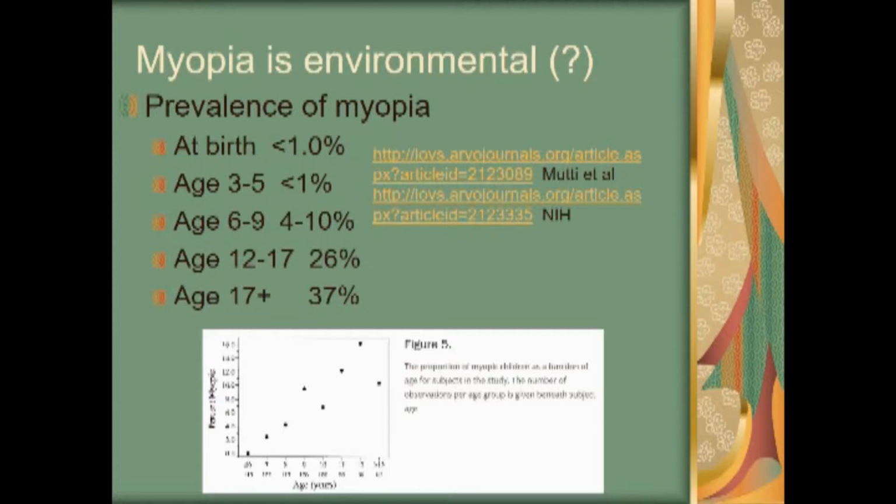And so if you look at this figure from the study by Muti et al., you will see that at age 6, starting, you see a linear climb of myopia up to age 13. And if we extended that graph to the left to younger ages, it would be a flat line from 6 to birth.